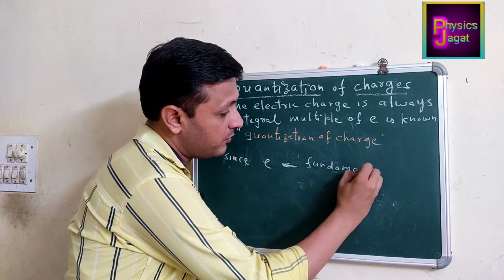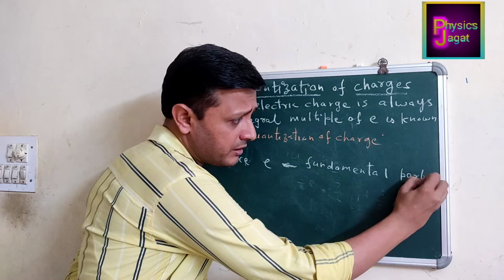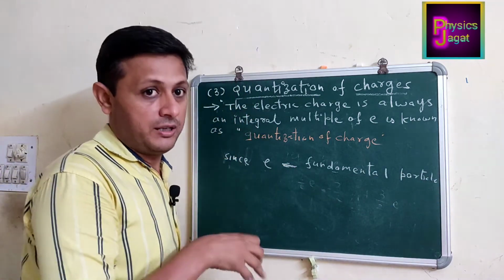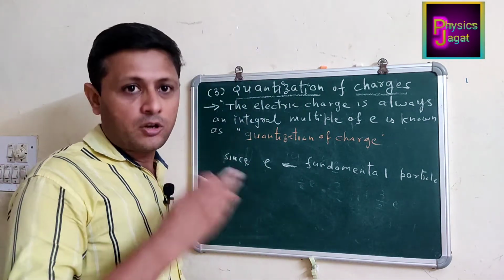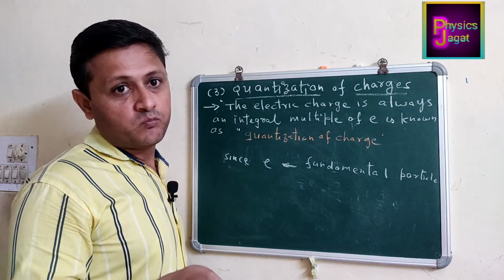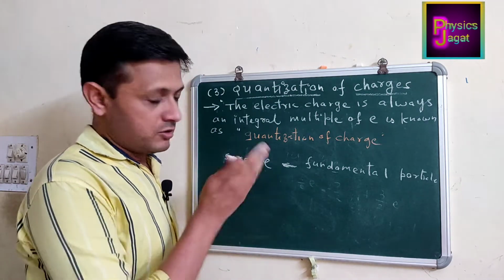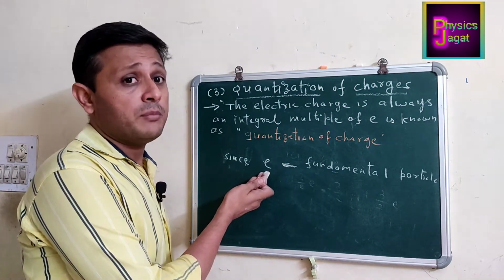What does fundamental particle mean? The electron does not have any constituent particles. If you break the electron, you will not find anything. Actually, we cannot break the electron. So that's why we can take the electron as a basic unit of charge.